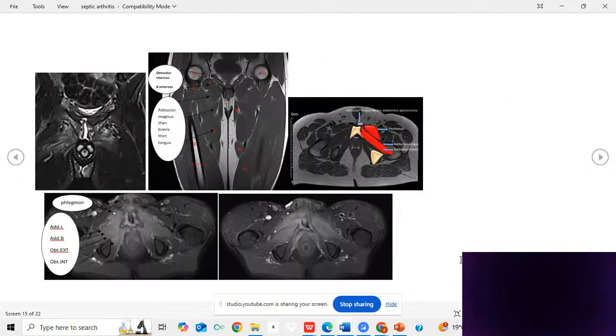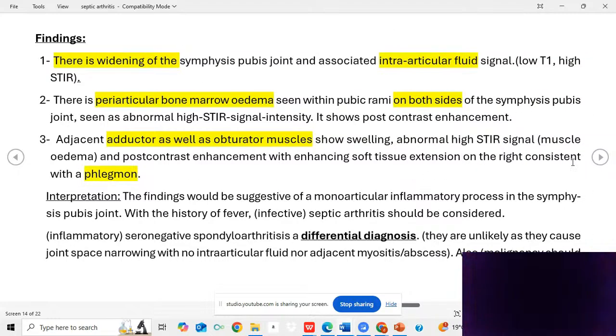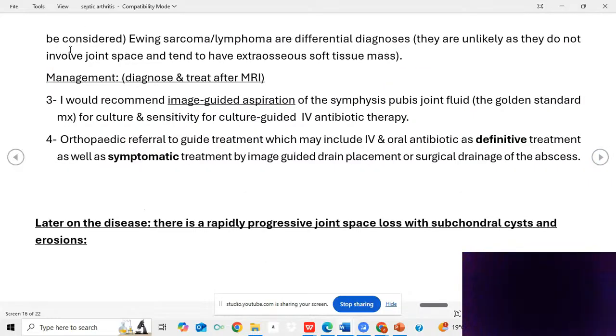Also, after MRI images, you need to mention malignancy. Malignancy should be considered as a differential diagnosis, as Ewing sarcoma or lymphoma are differential diagnoses.